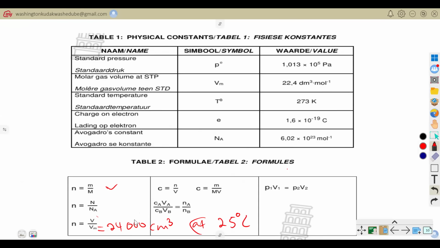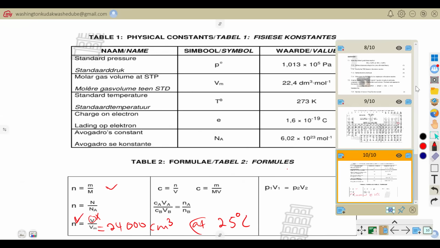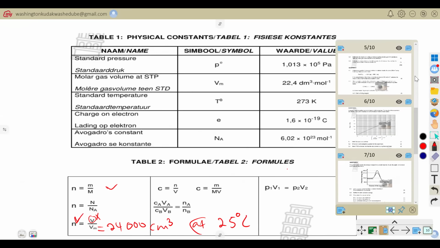So we have this and we are looking for this. What we need to look into is, do we have the volume of what we want to look for? Let's go back to the question and look at the information that we are given.